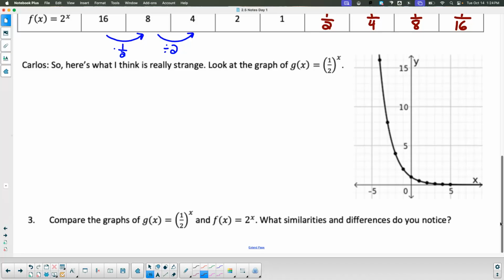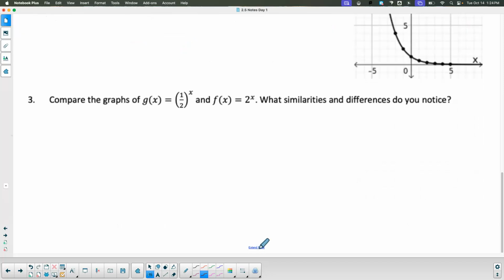So let's compare those two and what similarities and differences we have. Luckily, they're right on the same page. So we're looking at the two graphs. Similarities, differences. No umbrellas in this brainstorm. Go for it. Shout one out when you think you see one.